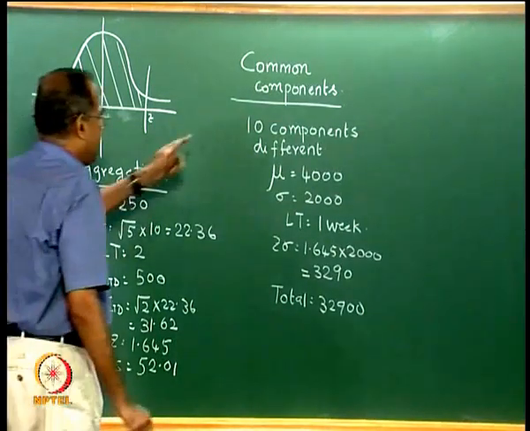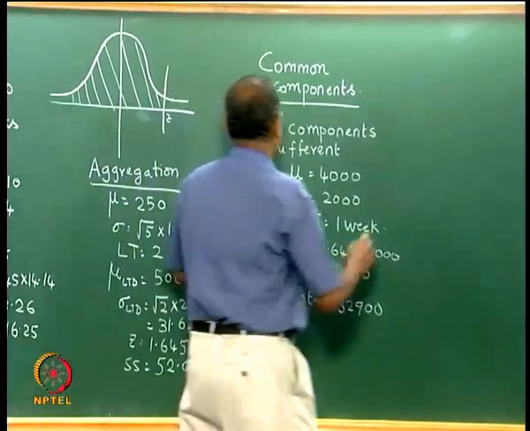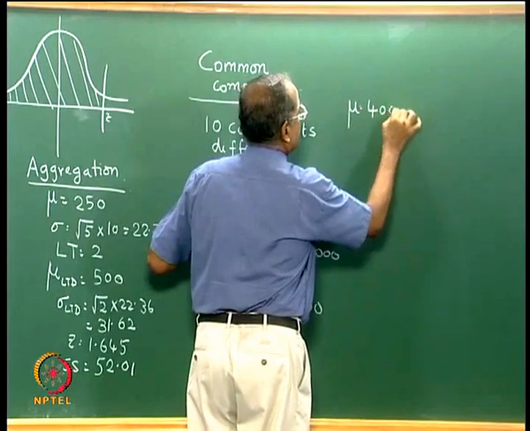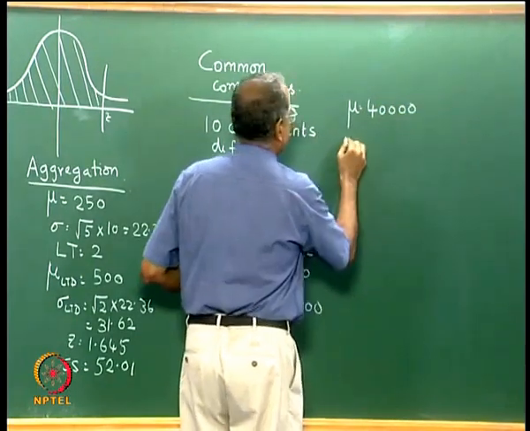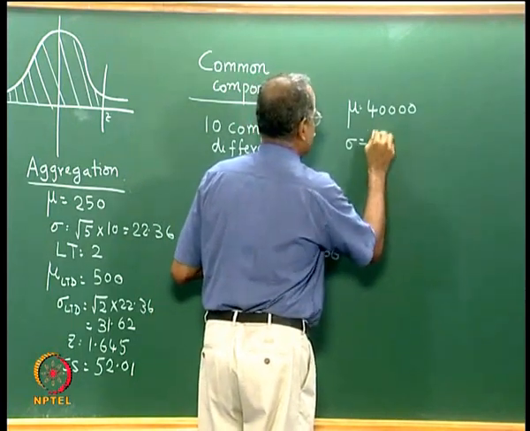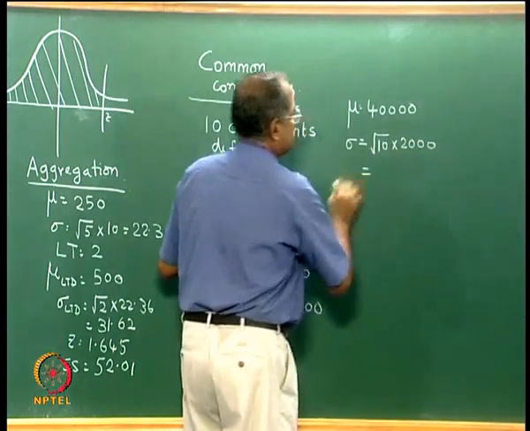Now, if we combine and aggregate or have common components as it is called, then we would get mu equal to 40,000, sigma will be equal to root 10 into 2000.